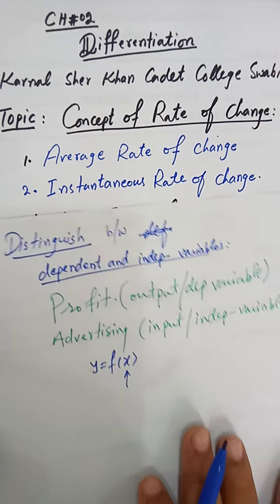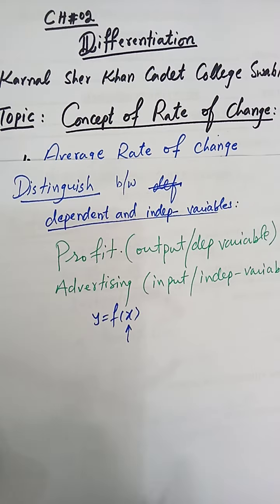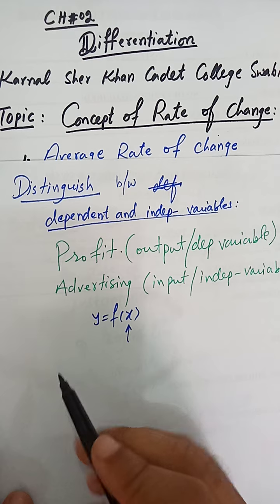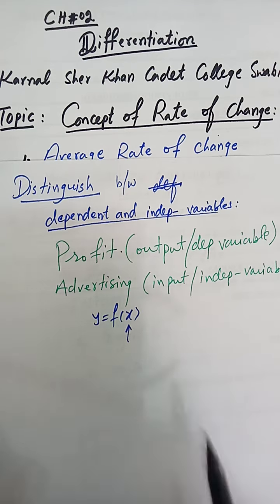If you consider another example, a person in medicine wants to know how a patient's reaction to a drug, that is your output, changes with respect to dose. If you take a dose, what will be the reaction to the drug in the patient?